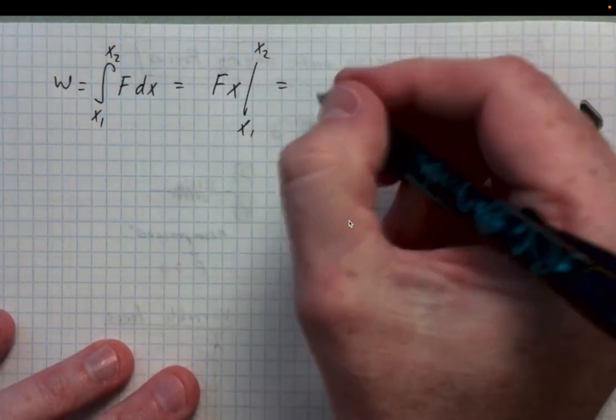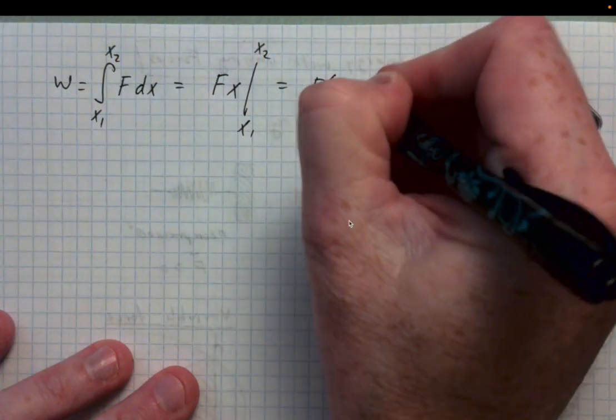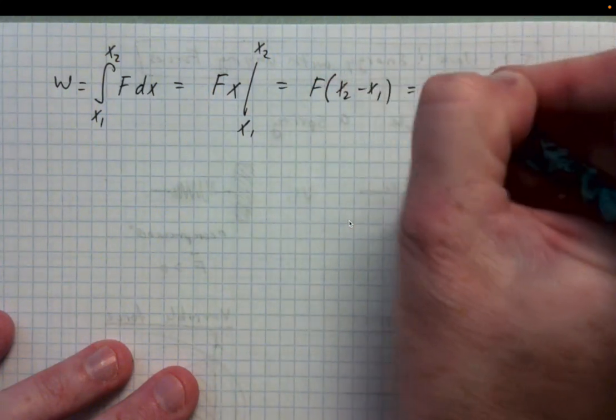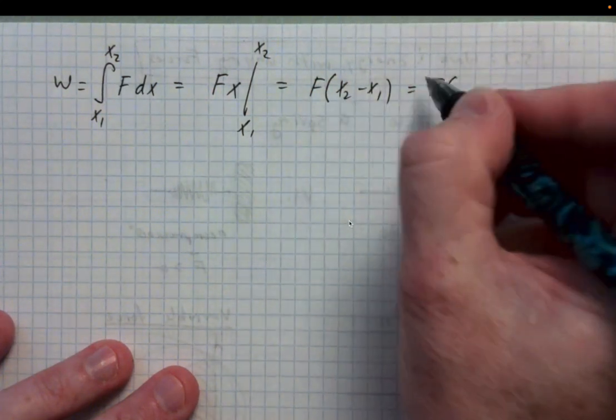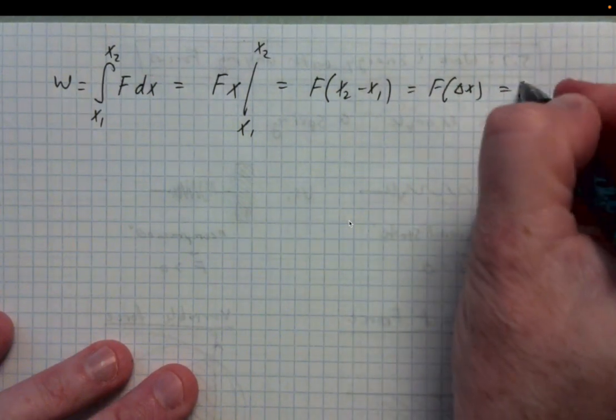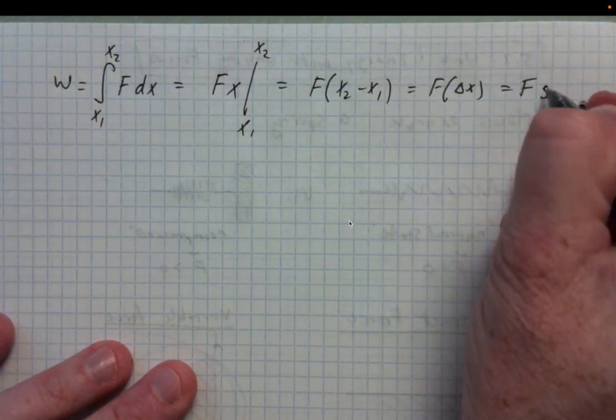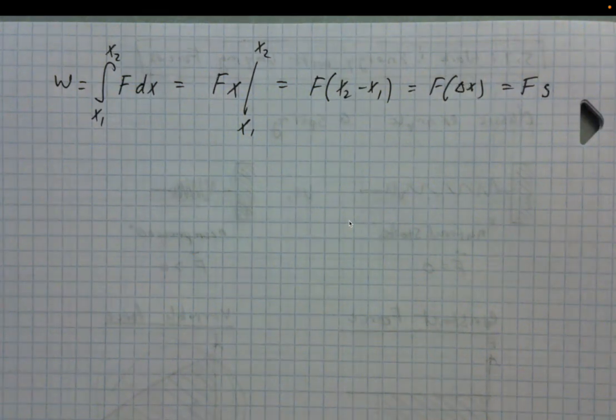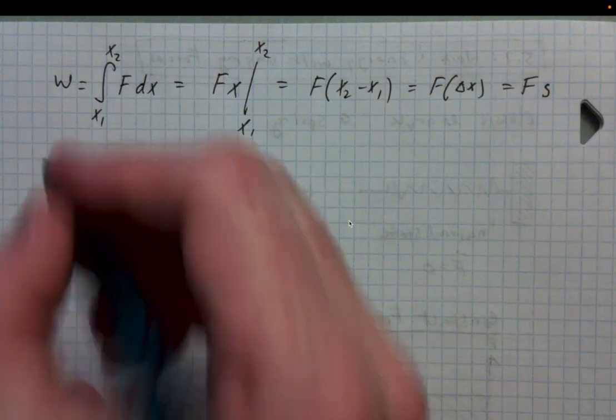And when I do that, I get f times (x2 minus x1), which is just f times delta x. Or you could write f times s, s being the displacement, the distance.